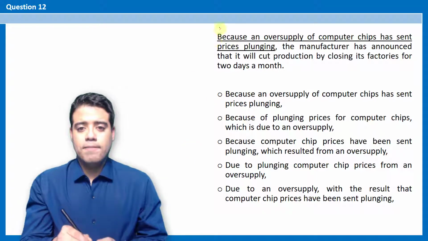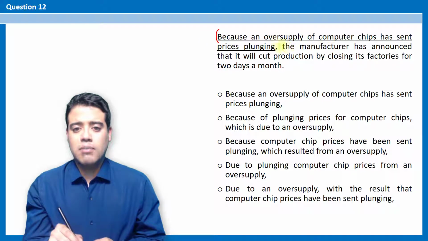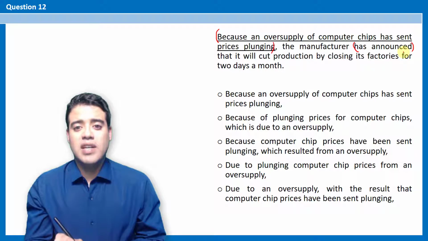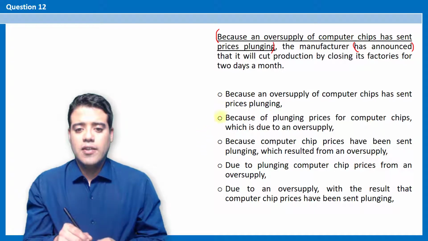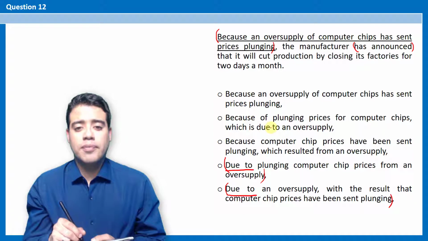So here you have, because an oversupply of computer chips has sent prices plunging, and that describes the main verb, has announced. In other words, why has he announced? Because an oversupply has sent prices plunging. That's the reason. So if I use due to, the whole phrase with due to, which ends in oversupply, has to make sense with the subject, which is the manufacturer.